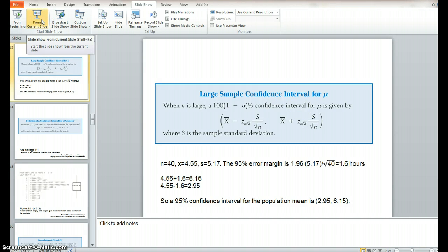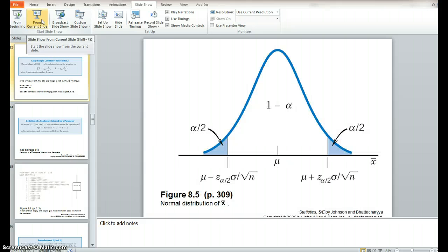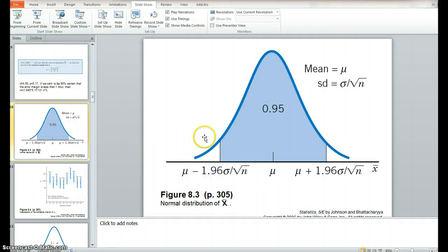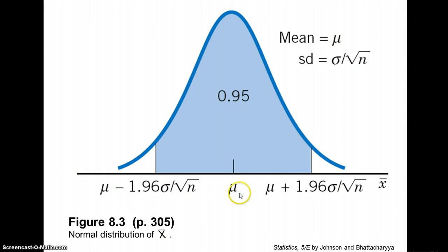First of all, the confidence interval is the range we talked about before. For example, if we look at this picture here, if you want to be 95% confident that the error margin is this big, from here to here, and if you want to find out the range, we know that x bar is somewhere from this lower point to this upper point.